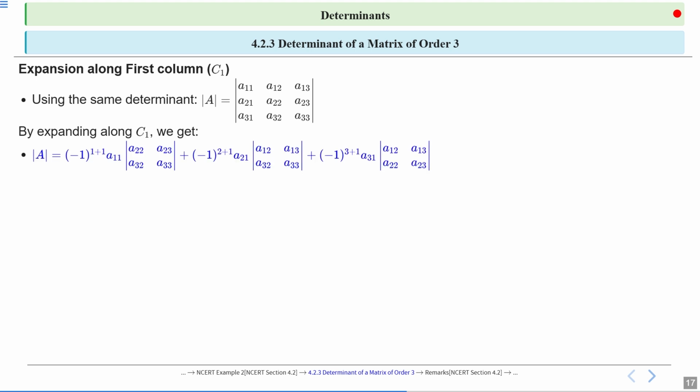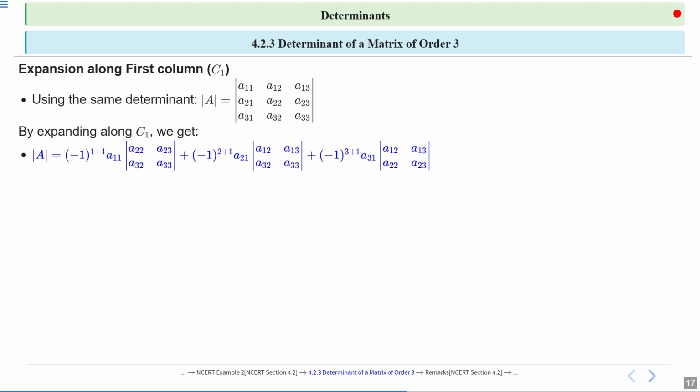So we consider the element a11, multiply with minus 1 the power i plus j, the value of i and j is 1, 1, so 1 plus 1, and then multiply with determinant of 2 cross 2 matrix, the matrix obtained by cancelling first row and first column.